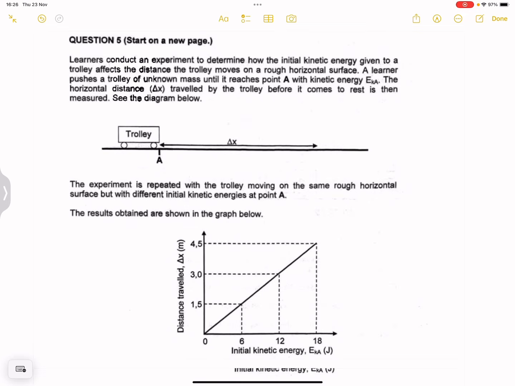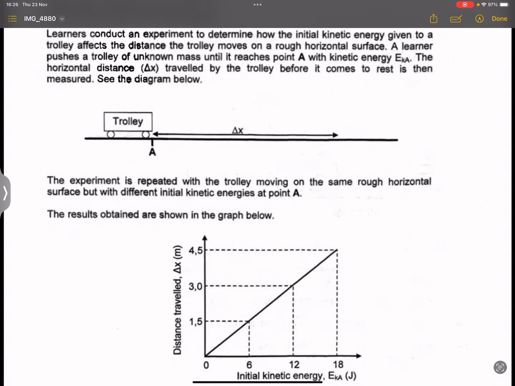So they say to us, we've got learners that conduct an experiment to determine how the initial kinetic energy given to a trolley affects the distance the trolley moves on a rough horizontal surface. So that's very important. Okay, so rough horizontal surface means there's friction.